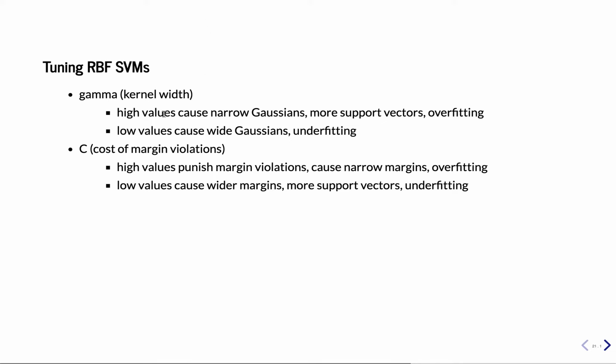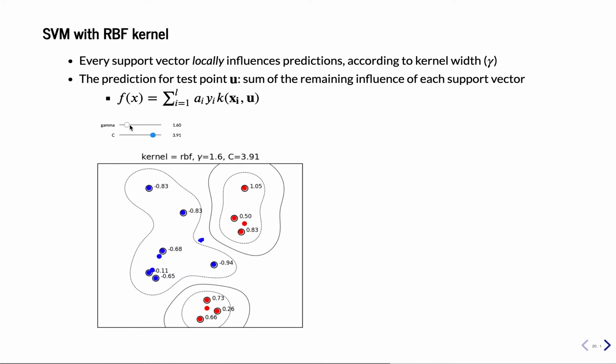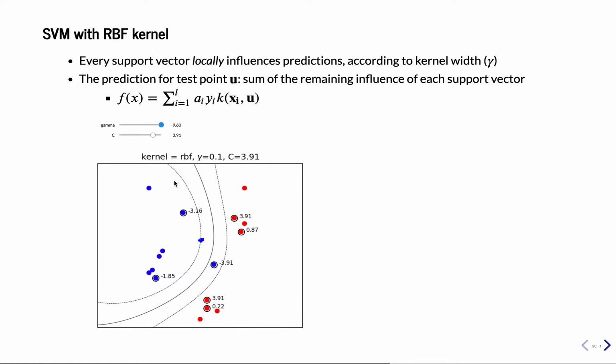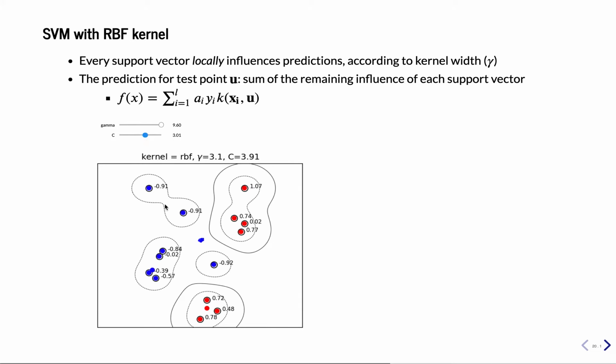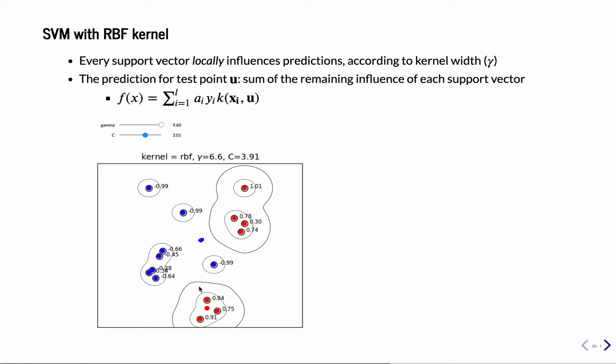So in general, we have two important parameters. There's gamma, the kernel width. If gamma is high, then we have narrow kernels, narrow Gaussians, which means more support vectors, right? Because if gamma is very large, then every point becomes its own island, and every point becomes a support vector.